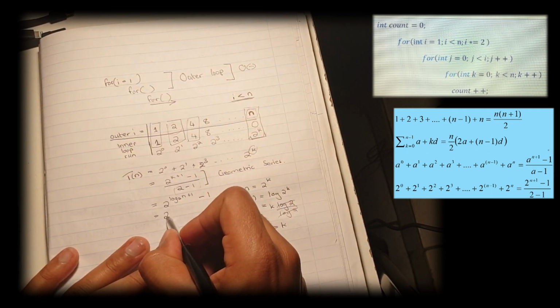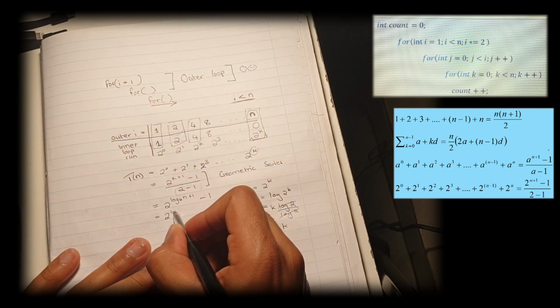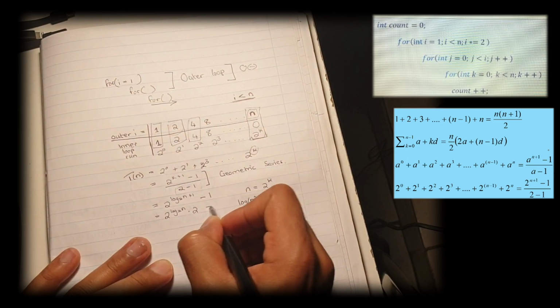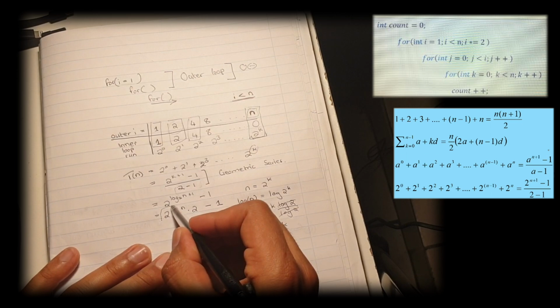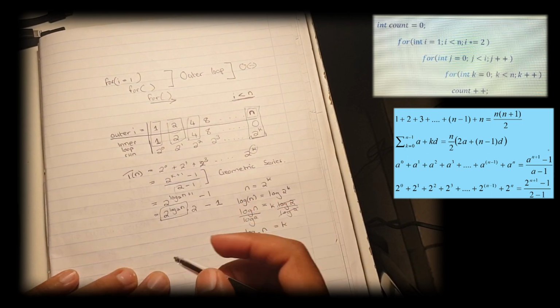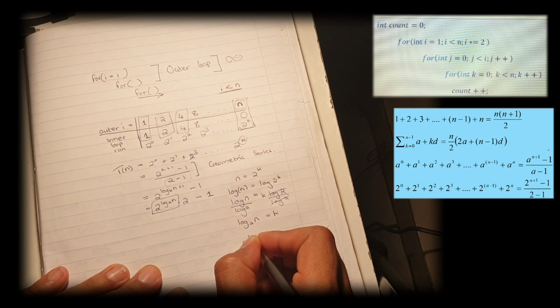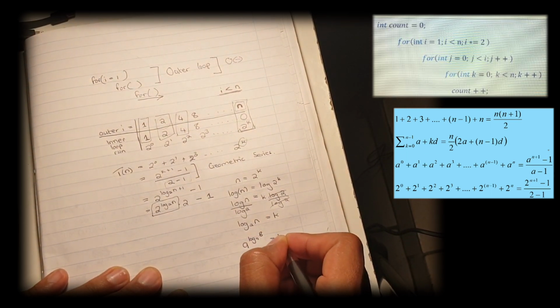We have 2 to the power of log base 2 of n, times 2, minus 1. And here's something that you need to be able to identify. This is one of your log rules, where we have a to the power of log base a of b equals b.